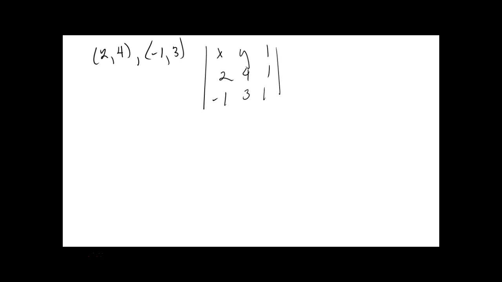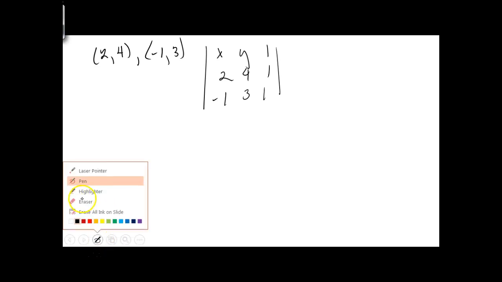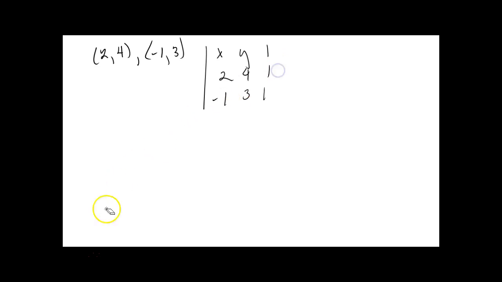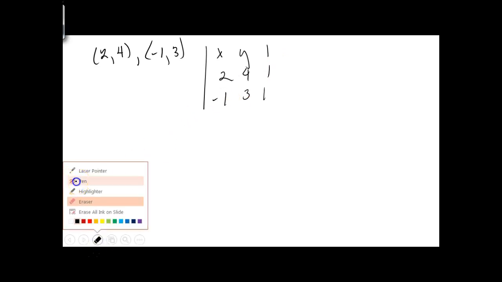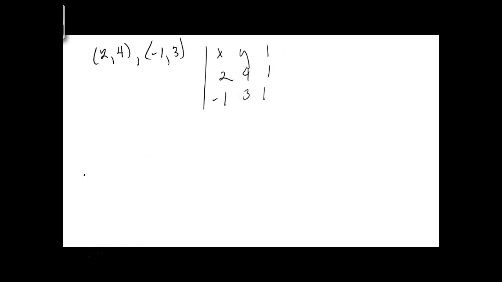I didn't mean to write that line in there, though typically you would, because I want to do my expansion. And that's going to be x times 4 minus 3, no, down diagonals give you 4x.